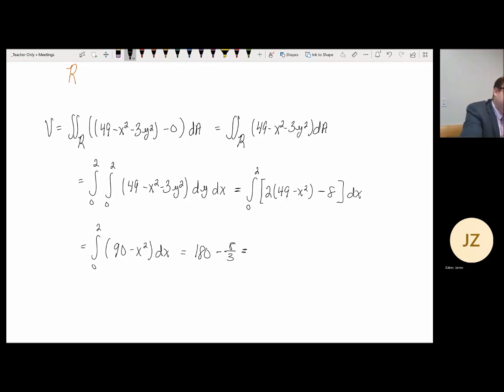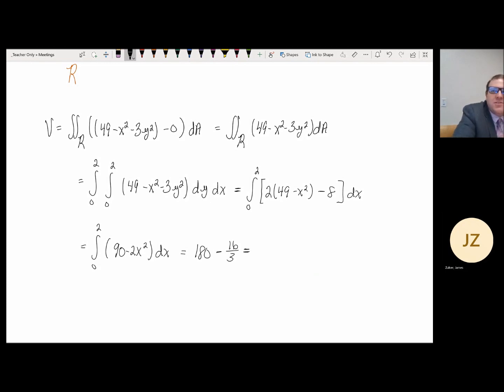Oh, got to distribute the 2 to the x squared. I did it to the 49, but not the x squared. So it'd be 2/3 x cubed from 0 to 2, which is 2/3 of 8, so 16 over 3.